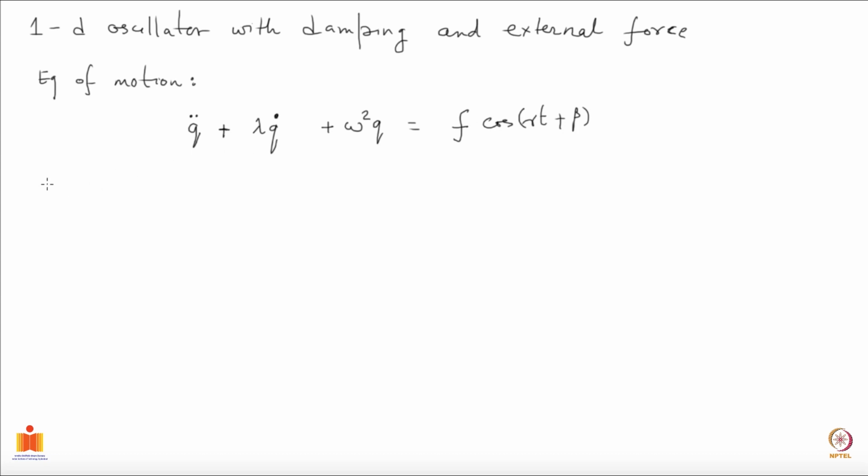So instead let's look at the following equation: z double dot plus lambda z dot plus omega square z equal to f e to the I (gamma t plus beta), where lambda, omega square, f, gamma and beta are all real numbers.